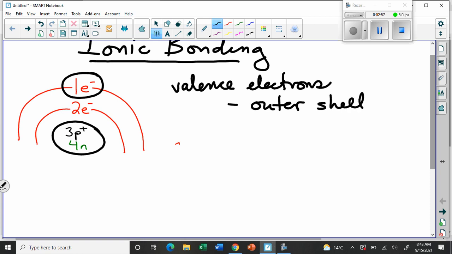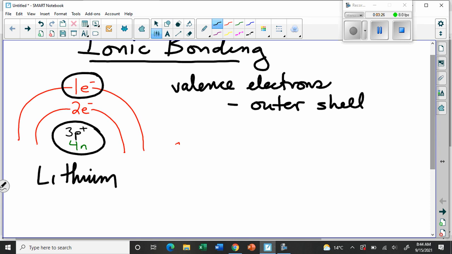The words shell, orbital are all used interchangeably, or energy level, the outer shell, energy level, or outer orbital, however you want to think of it. You know what we mean by the picture. So lithium here has 1 valence electron. Whoops, let me spell lithium correctly. Lithium has 1 valence electron.